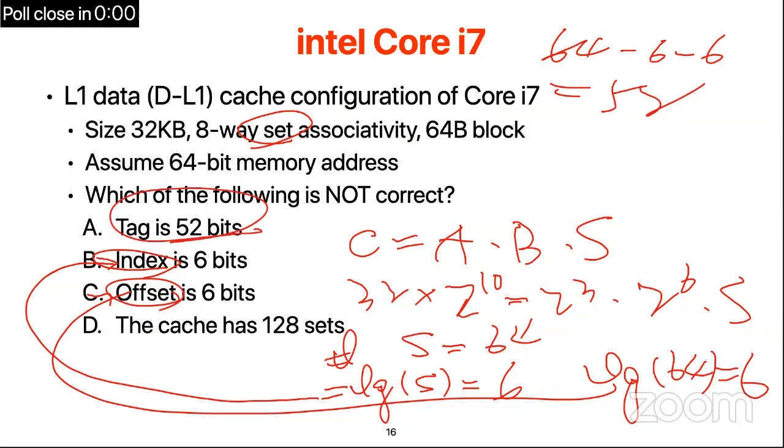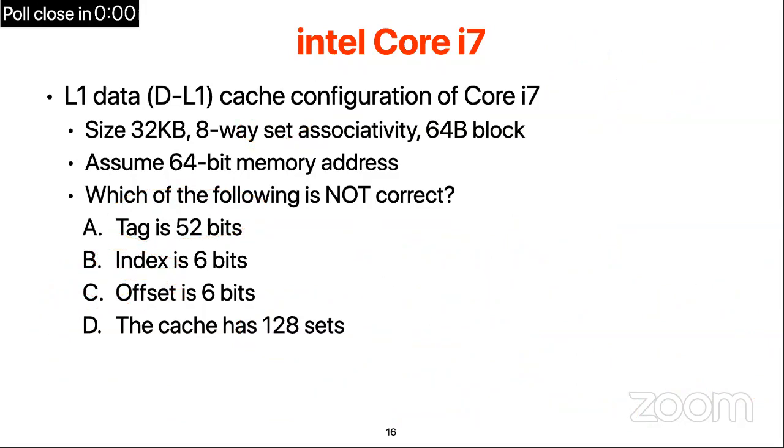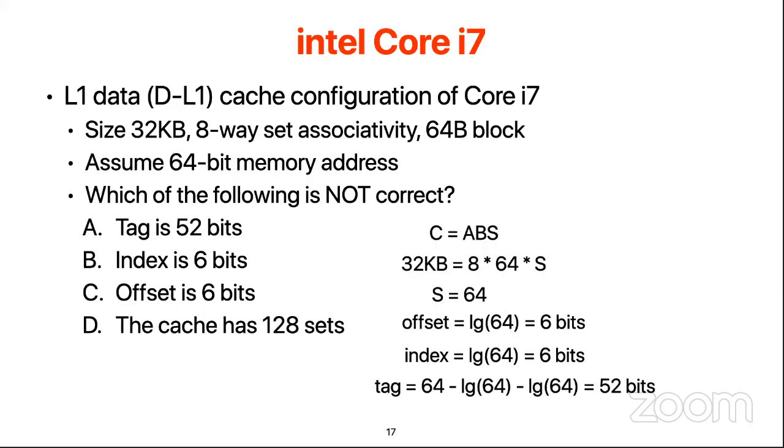So the only thing that's not correct is D, right? Does it take a long time to solve? Very short time to solve. Okay, great. If you use C equals ABS, this is actually a very quick and easy question.